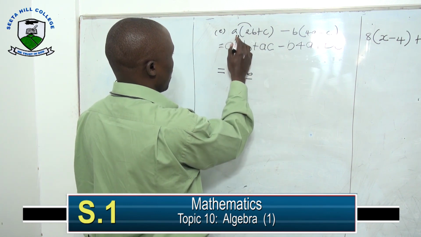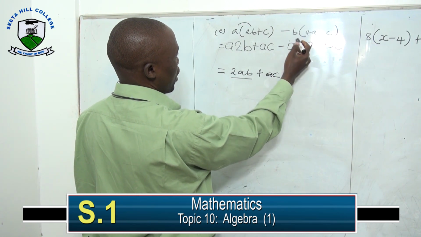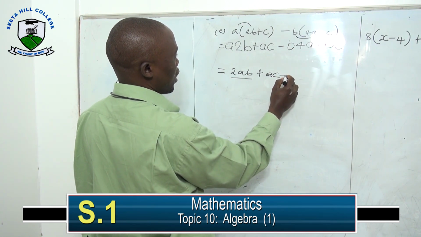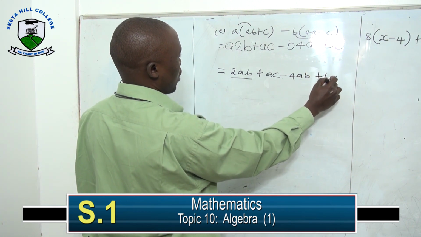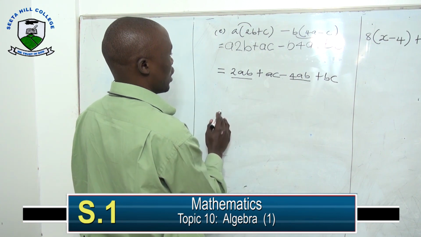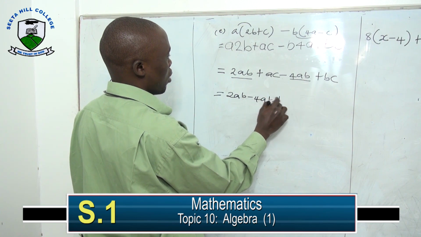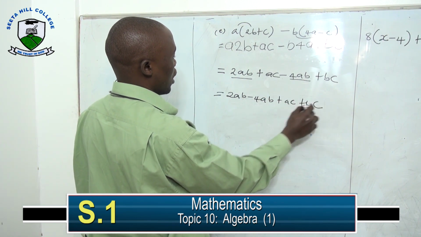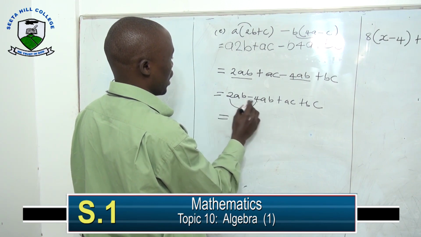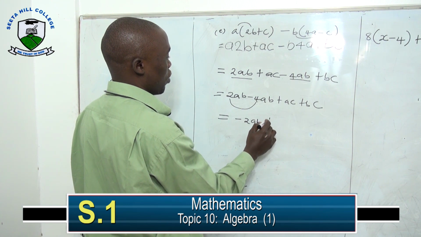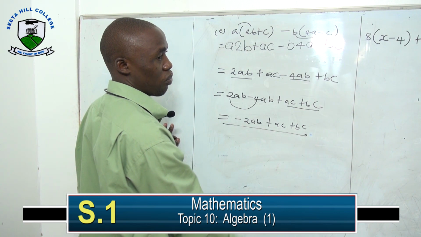To AB, then A and C, AC, then here will be 4AB plus BC. Then these are like what? That is 2AB minus 4AB plus AC plus BC. But none of these are like, therefore you end with what?